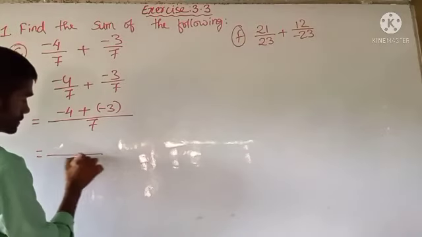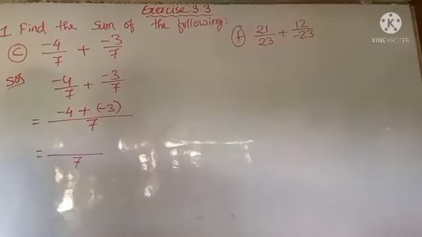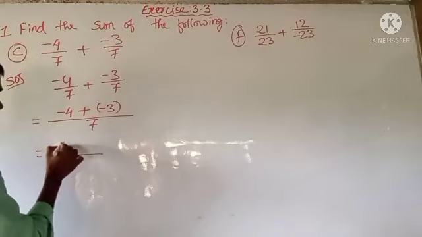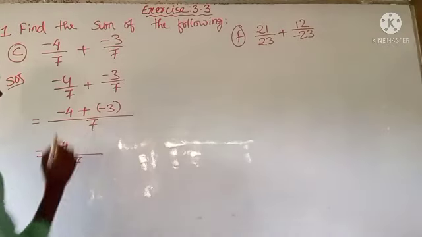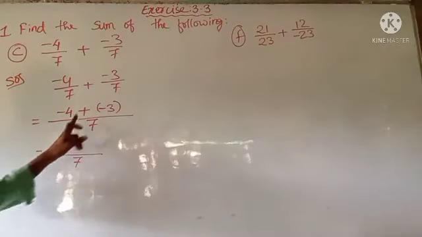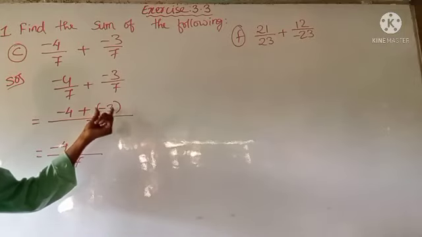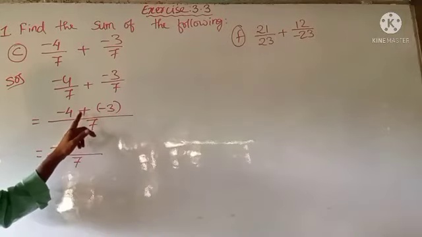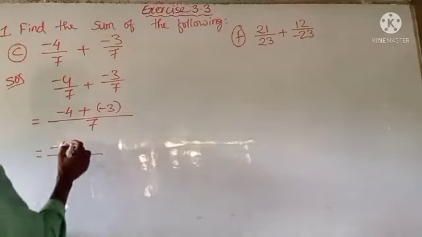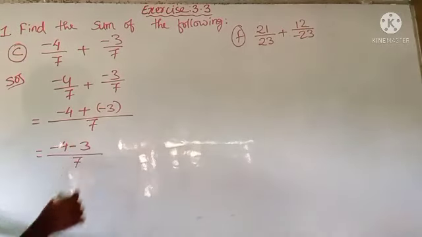Now the denominator we write as it is, that is 7, and here it is minus 4. Now this plus and minus we will remove. That means we multiply them in order to remove this bracket. Plus into minus gives minus, so minus 3.